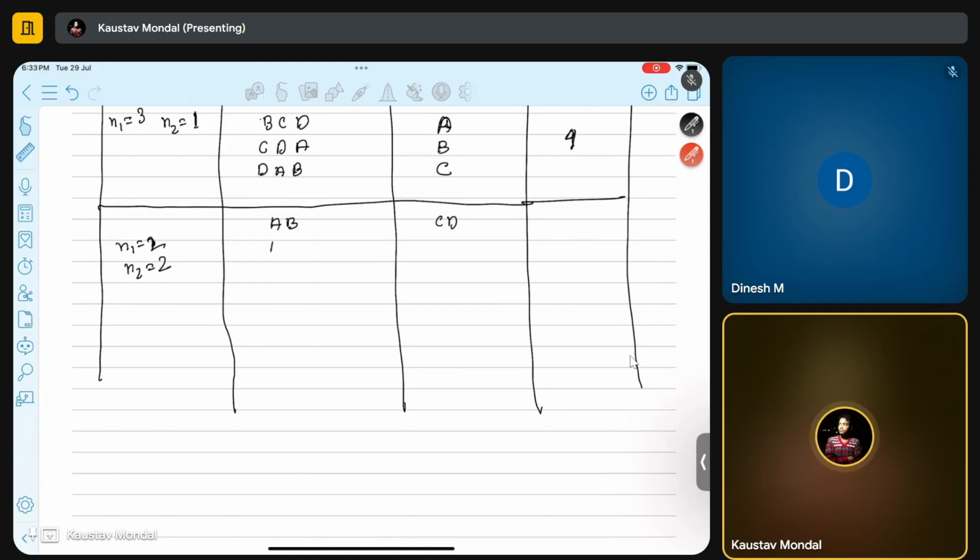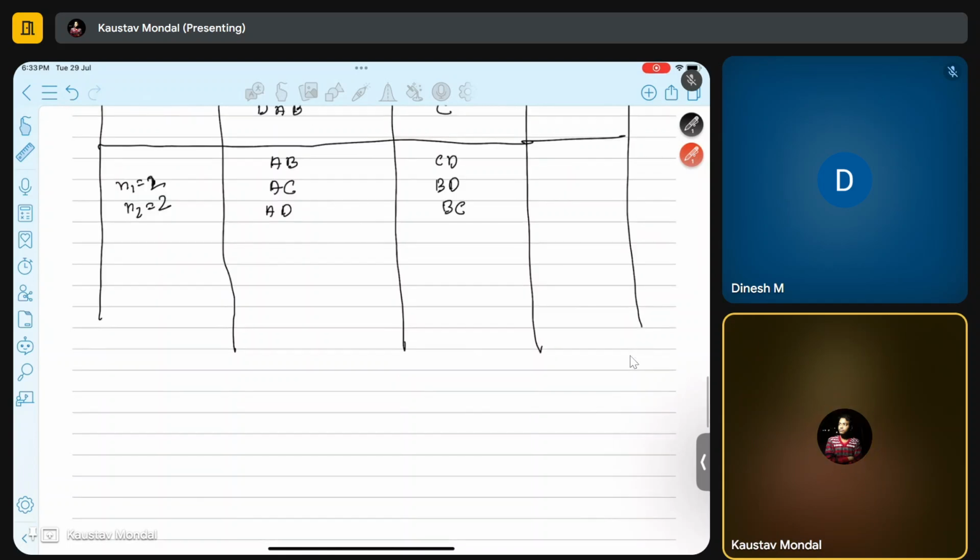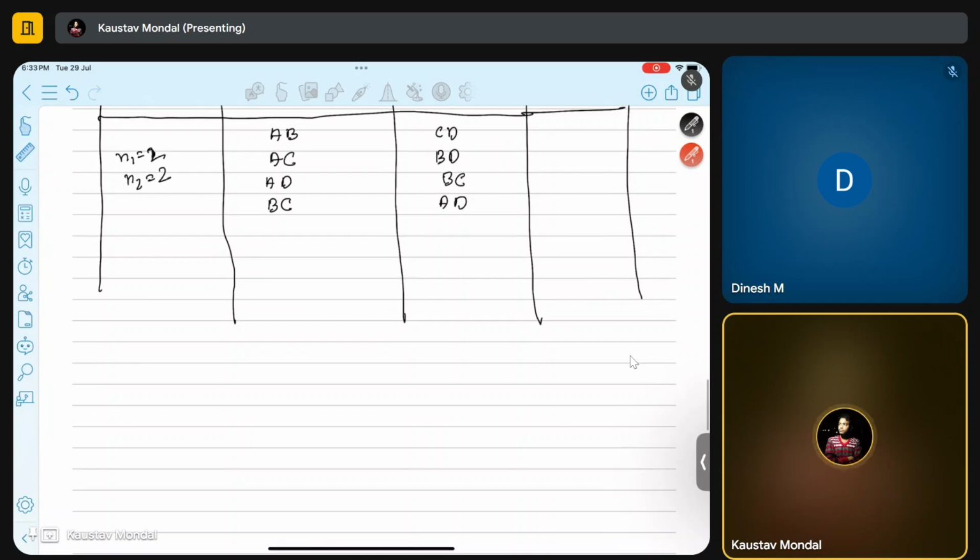A, C having head, then B, D would have tail. A, D has head, then B, C would have tail. If B, C has head, then A, D would have tail. If B, D has head, then A, C would have tail. If C, D has head, then A, B would have tails.